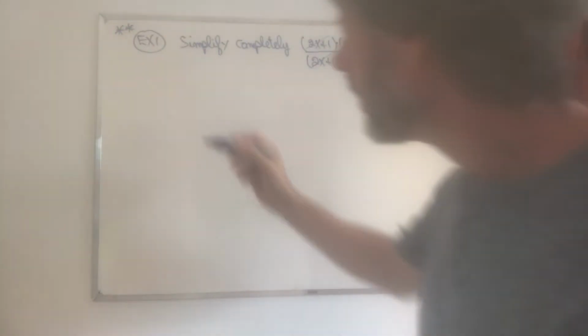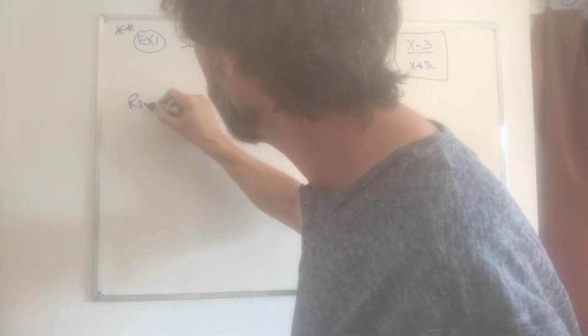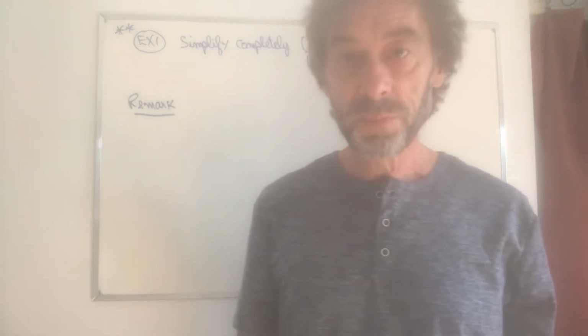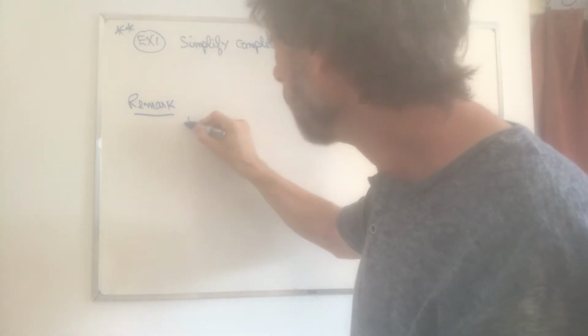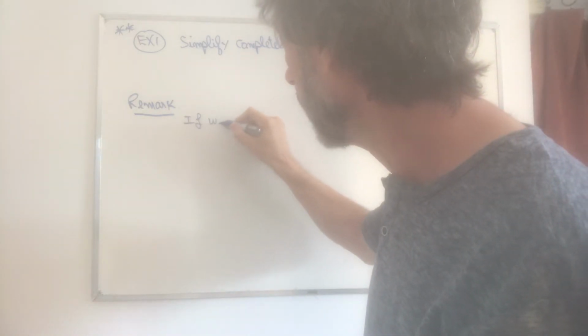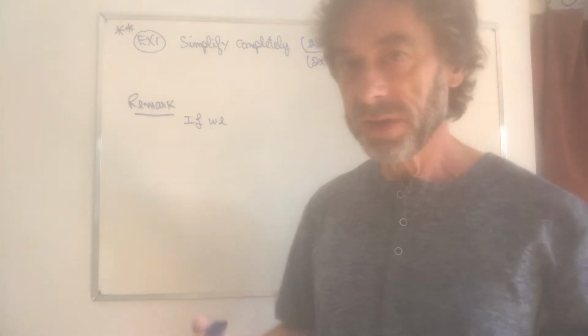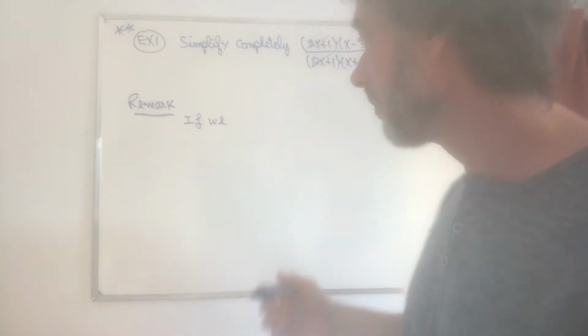Okay. Now, a little remark that some of you will find useful. Here, if we expand, and I know many of us on problems like this have this reflex of expanding the brackets up and down.